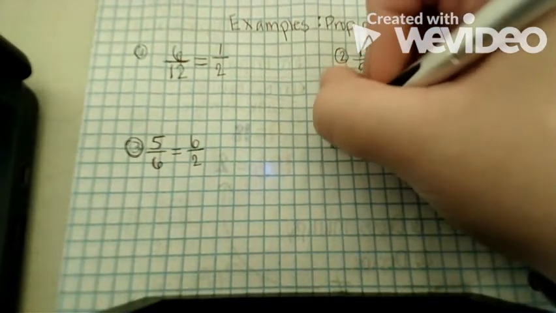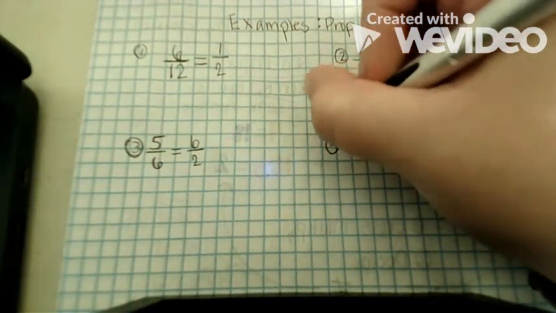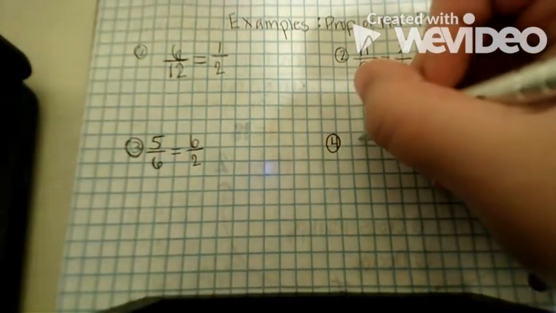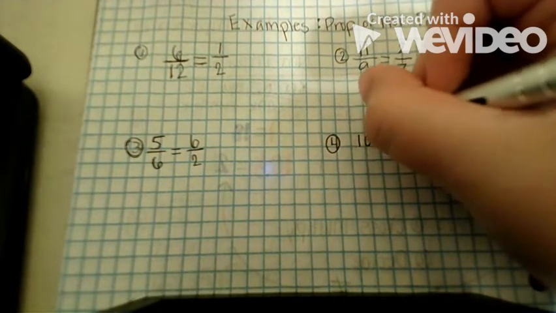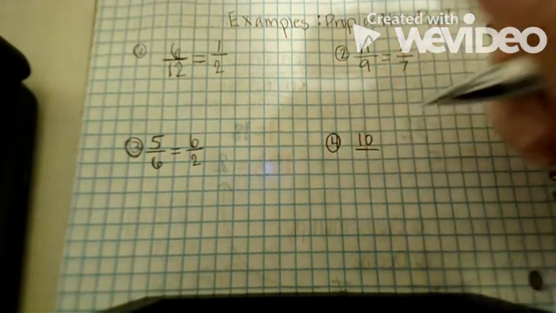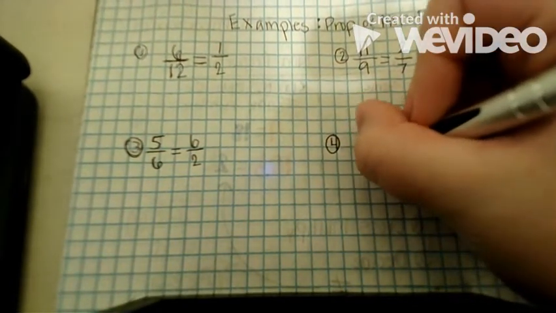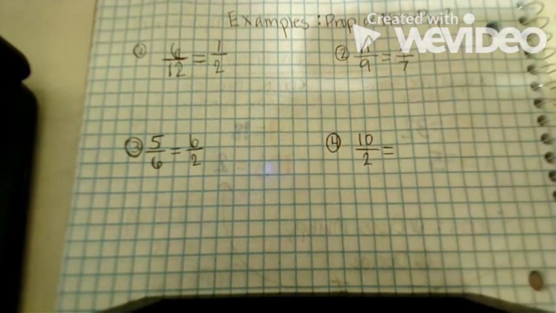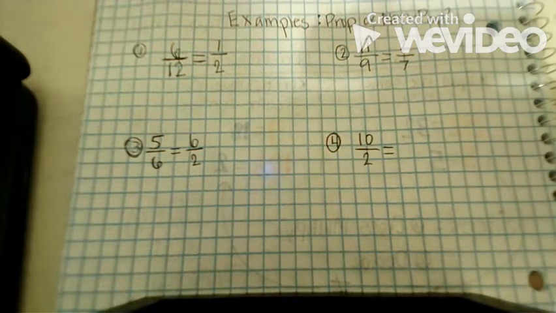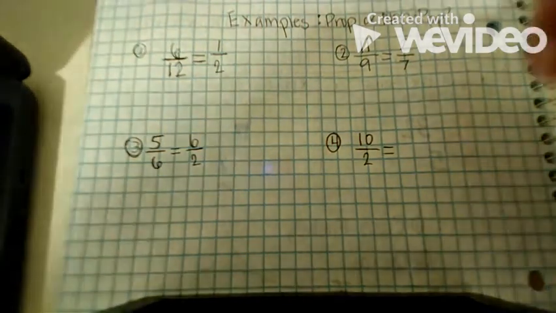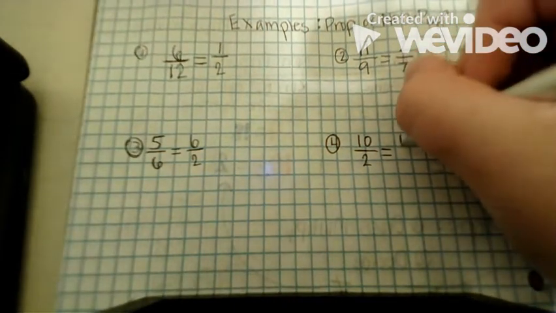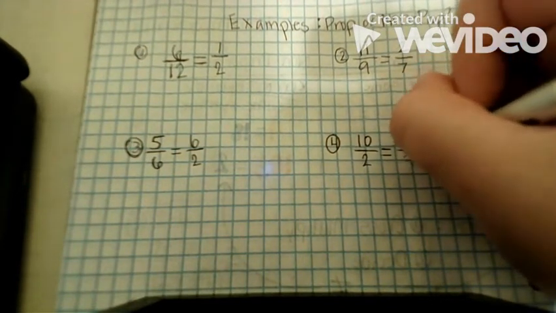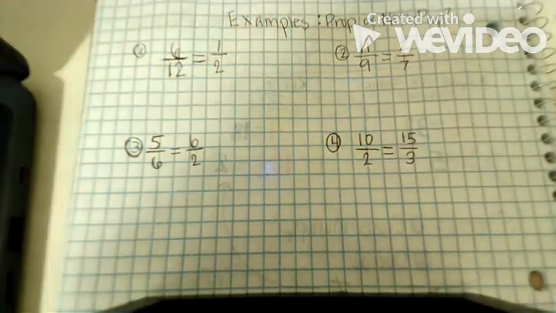And the last one we're going to try is going to be number 4. And let's do 10 over 2 equal to 15 over 3.